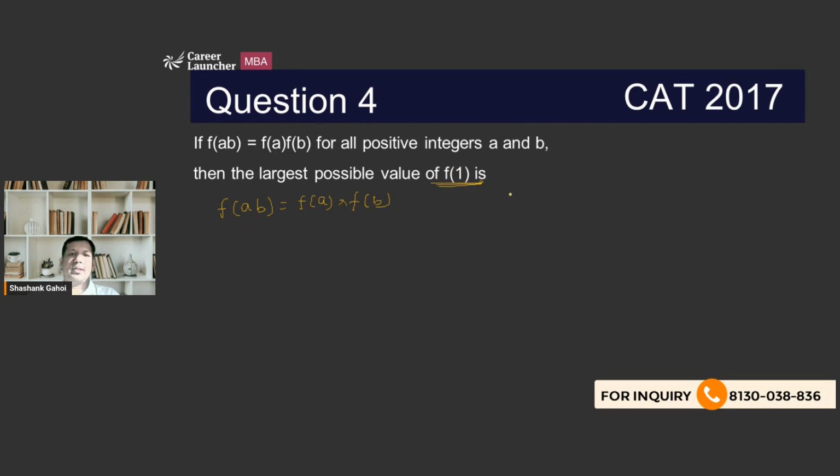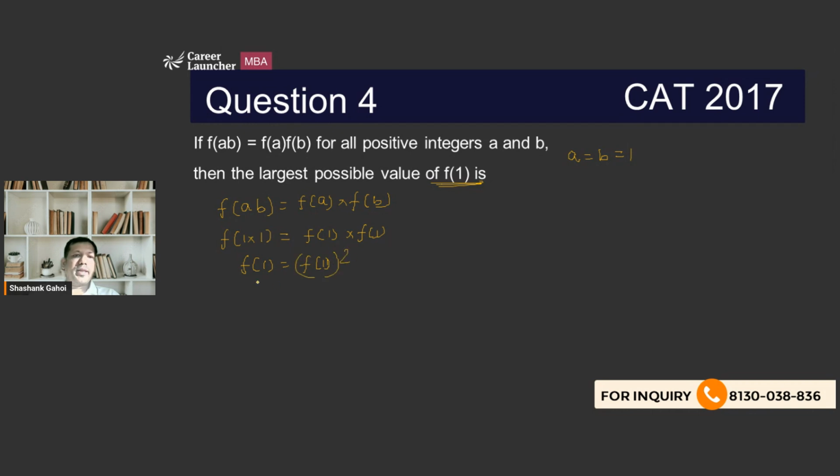So I am not going to think much. I am going to replace a equal to b equal to 1, directly plugging in the values. So this becomes f of 1 into 1 is equal to f of 1 into f of 1. So this comes out to be f1 is equal to f1 whole square.